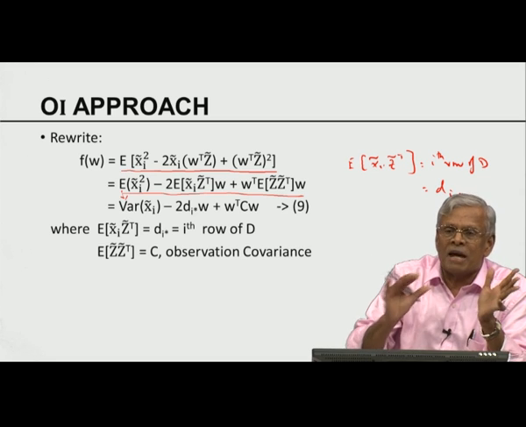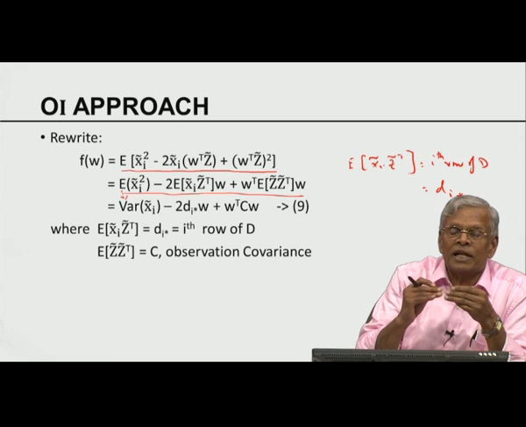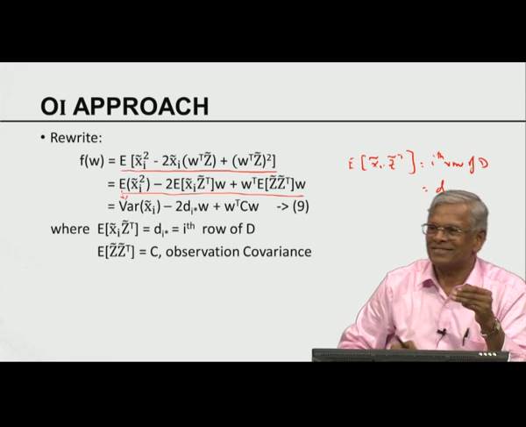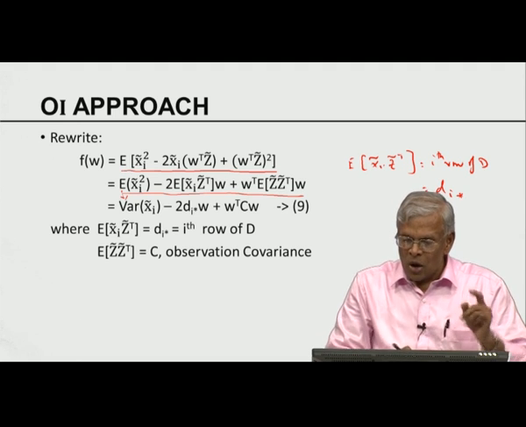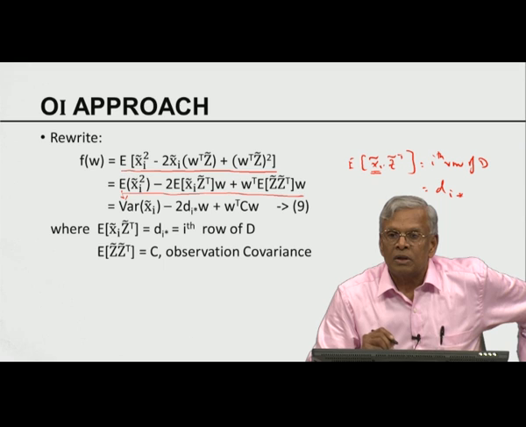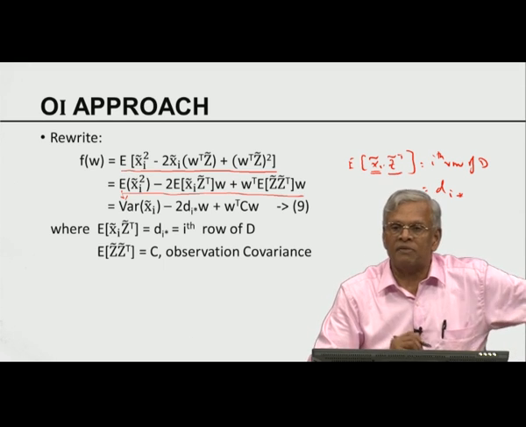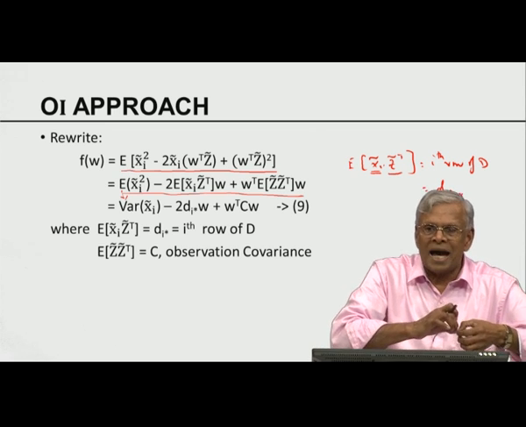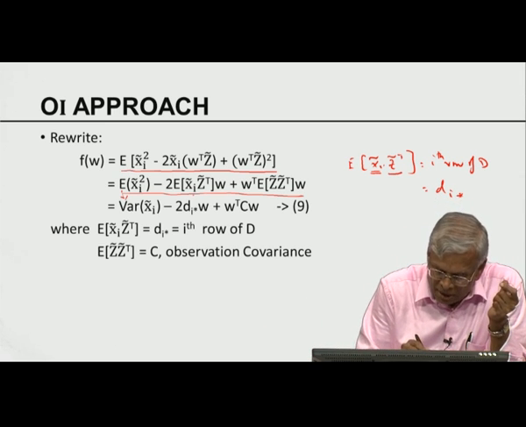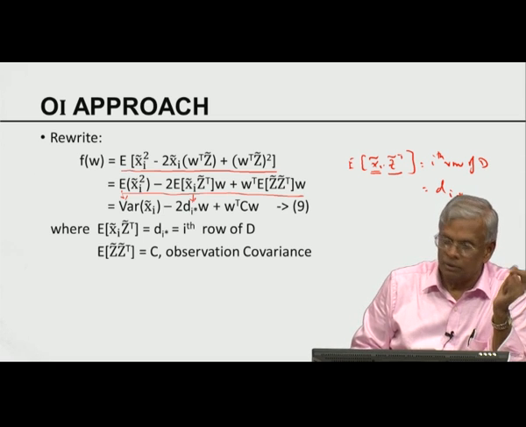They assumed everybody is going to influence everybody, but they were measuring the influence through correlation and cross correlation. So the ith grid point has a cross correlation with every observation station, and that is given by the ith row di star.